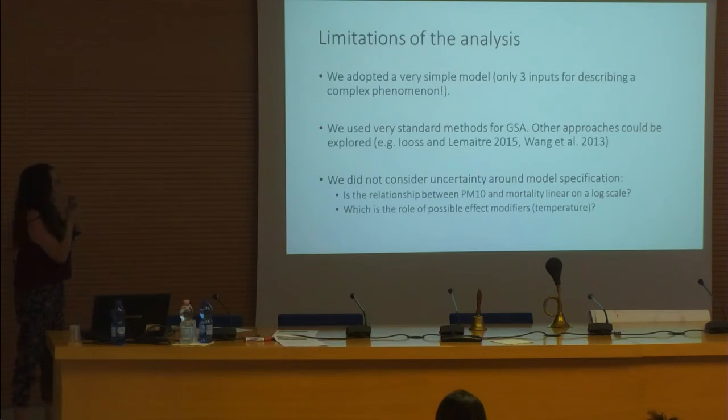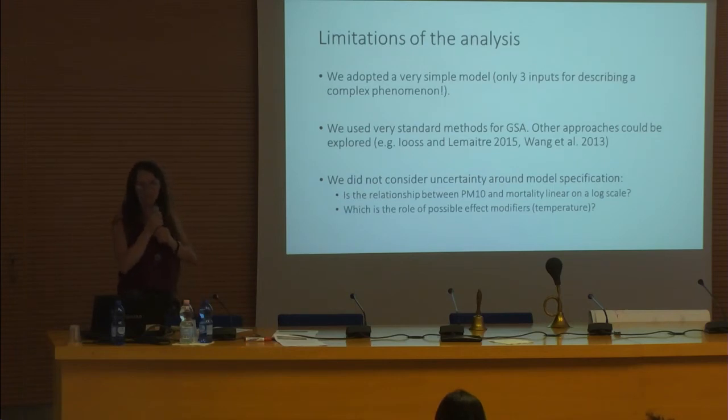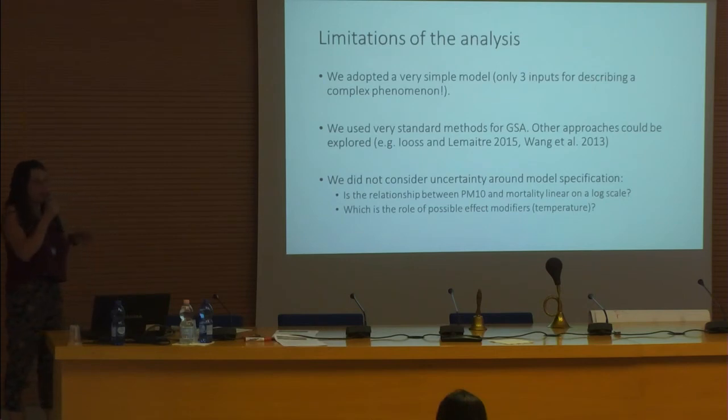What are the limitations of this analysis? I adopted a very, very simple model, only 3 inputs, to treat a very complex phenomenon, the impact of air pollution. And I used very standard methods for global sensitivity analysis without exploring other and more recent possibilities.